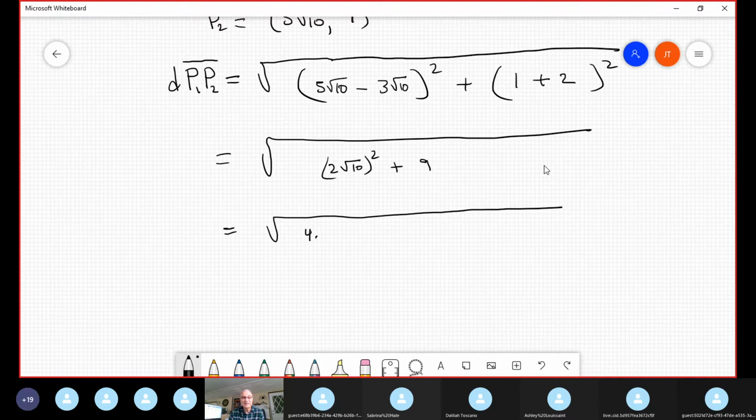And radical 10 squared is 10, because the square root and the square cancel out each other. So 4 times 10 is 40, plus 9 is 49. The square root of 49 is 7. Therefore the distance is 7 units, linear units.